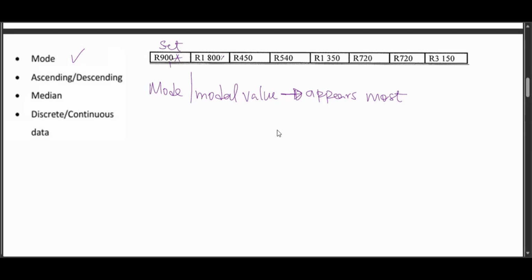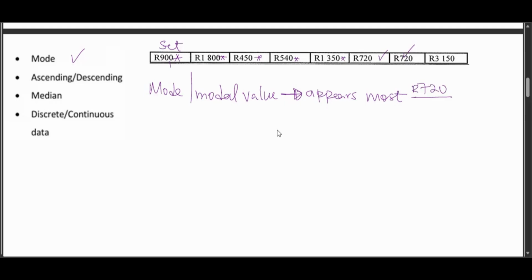No. We have 450, no. We have 540, no. Then we have 1,350, no. You have 720, oh wow, these are appearing twice. So the mode in this scenario is 720 rands, the number that appears most.